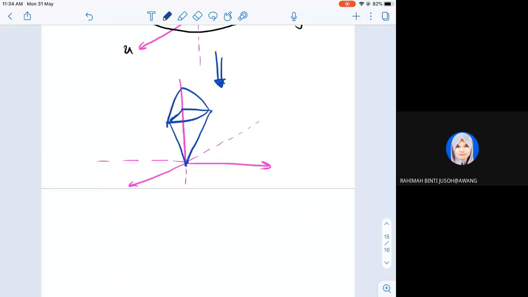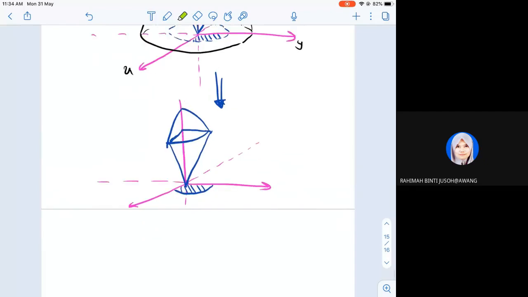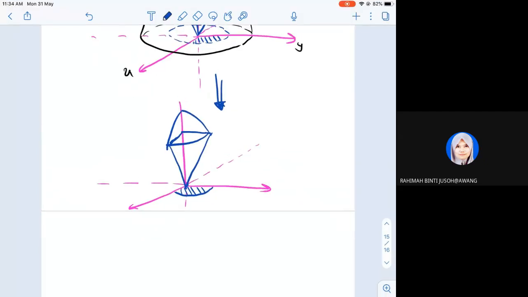Suku je guys. And then the region R is this one lah. So that's the region actually. Okay, this is the region G. Setelah saya extract berdasarkan limit yang diberi. Understand, guys? Did you understand? Okay, good.